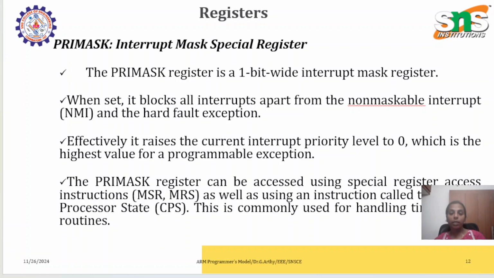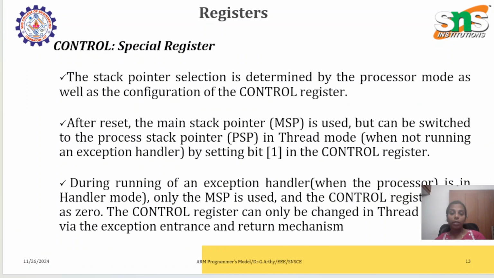Effectively, it raises the current interrupt priority level to 0, which is the highest value for a programmable exception. The PRIMASK register can be accessed using the special register access instructions MSR or MRS, as well as by the change processor state instruction. This is commonly used for handling time critical routines.